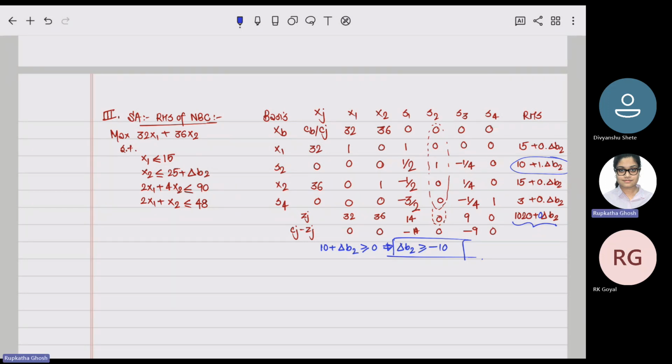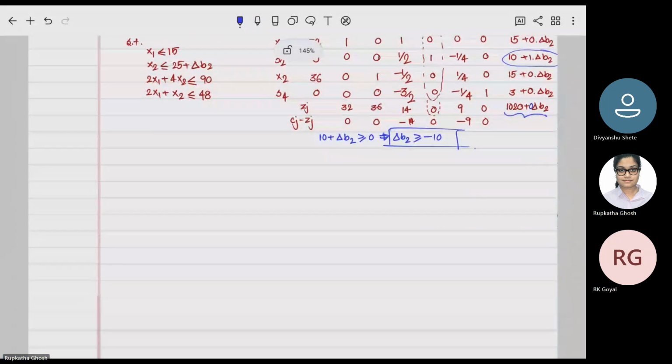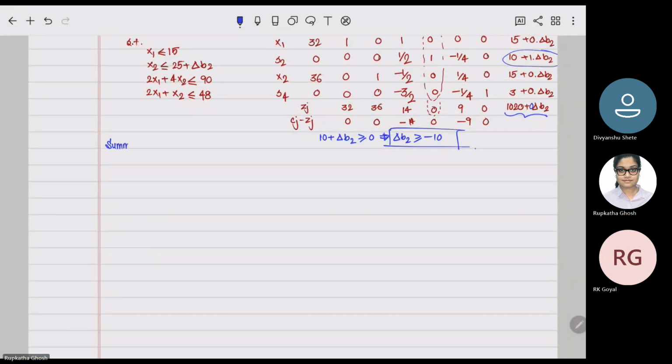Okay, in order to summarize, if we are changing the right hand side of a binding constraint within the range of optimality, the basis remains the same, values of basic variables change, as you saw, and the value of the objective function will also change.